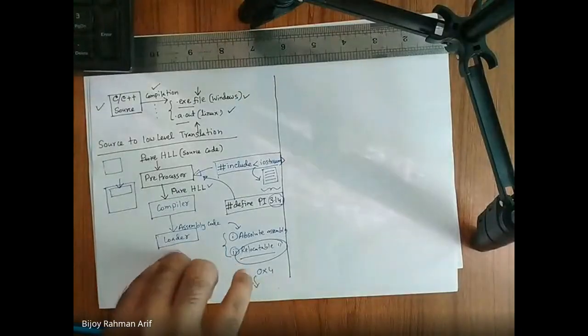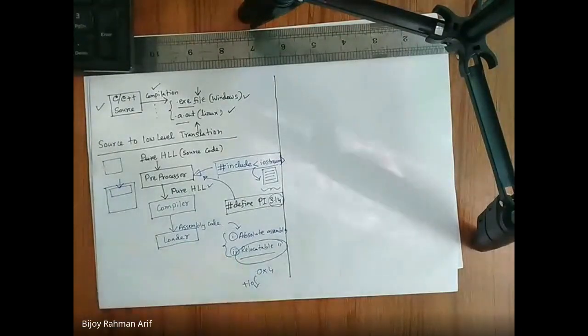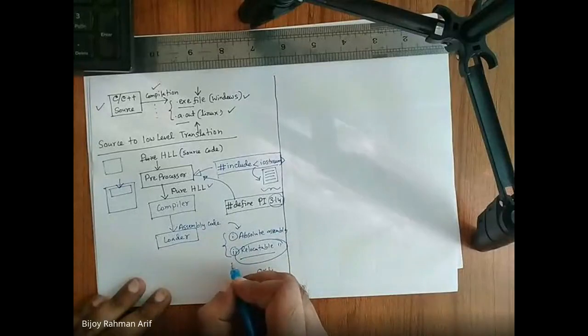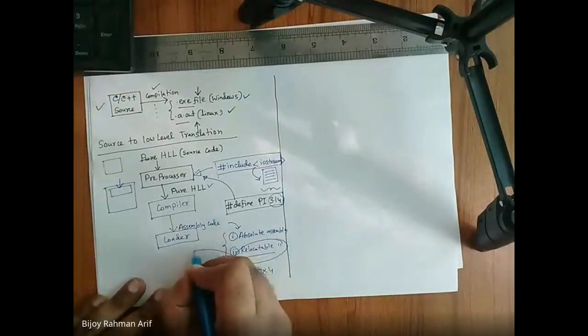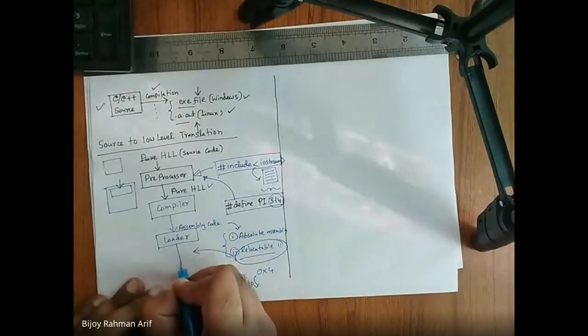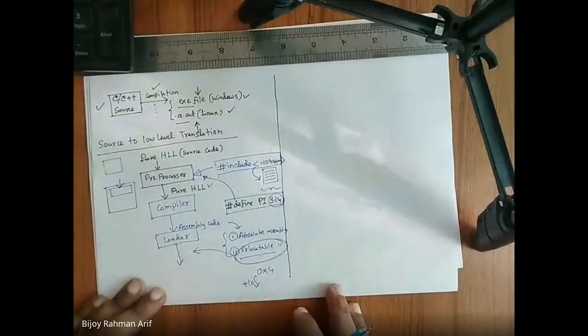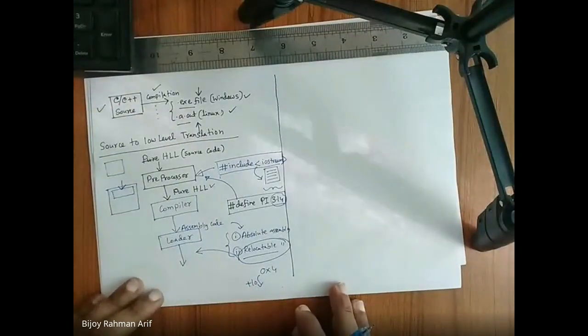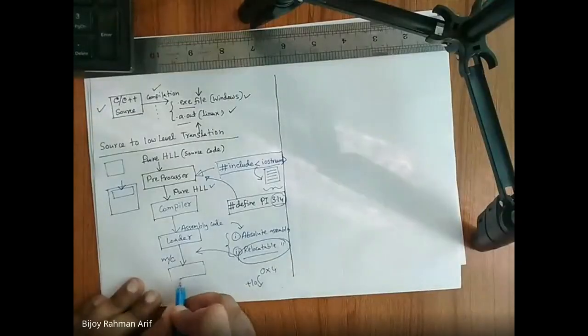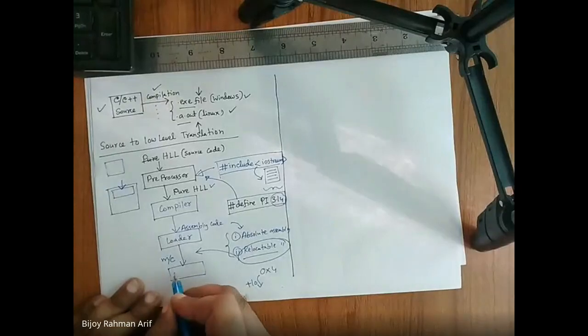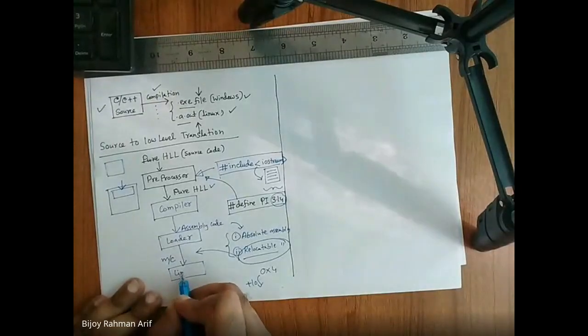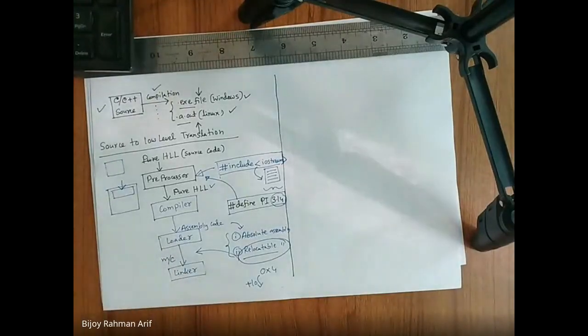The loader loads this relocatable assembly to the machine. Then what do we get? We get machine code. Then finally, there is another part which is called the linker. What is the task of the linker?